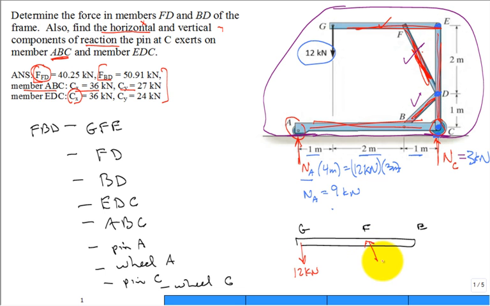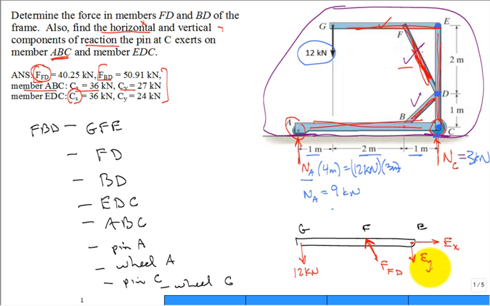This member is going to be in compression, so it'll be a force acting at point F, the force in FD, and then it'll have some unknown reaction at the support. We suspect it's going to be E positive x in that direction, and E positive y in that direction.